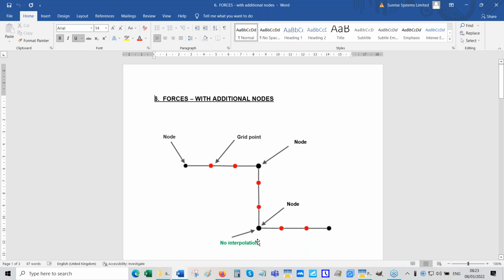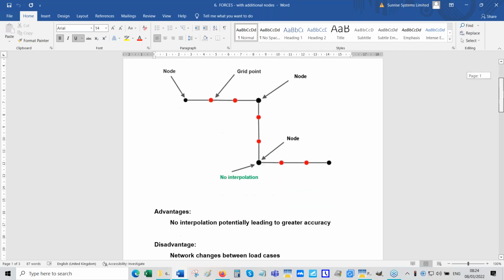There are actually two differences. One is it doesn't have to do any interpolation. The other difference is the flow pattern itself will change a little bit because we've got three pipes instead of just one pipe to do the hydraulics. So the hydraulic results themselves will be potentially slightly different.